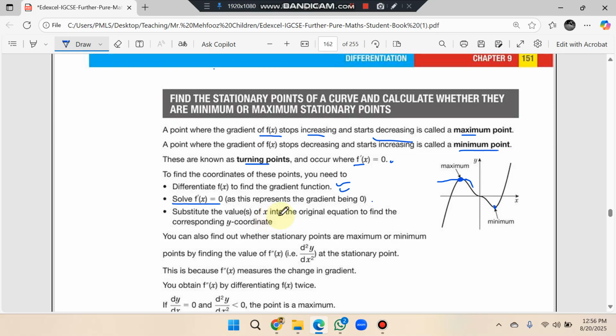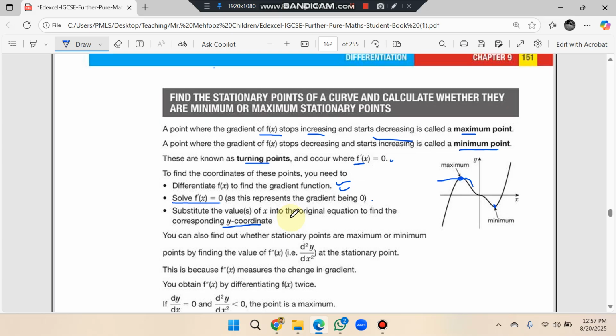Then substitute the values of x into the original equation to find the corresponding y coordinates. When we put this function equal to 0, we get the values of x. We put the values of x into the original parent equation to find the coordinates of y. So this is the process of finding these maximum or minimum points.